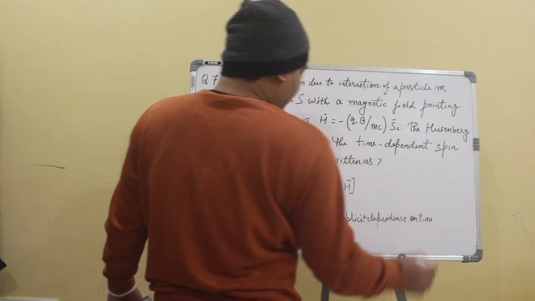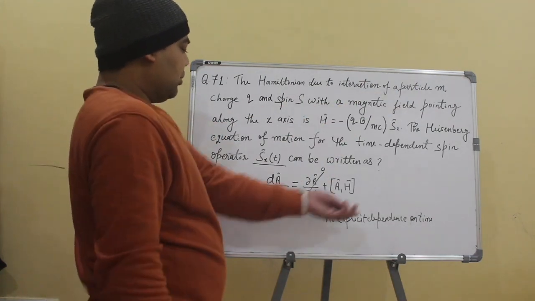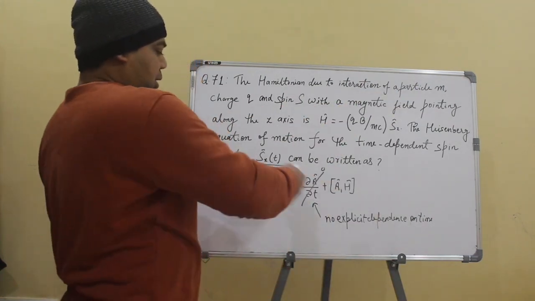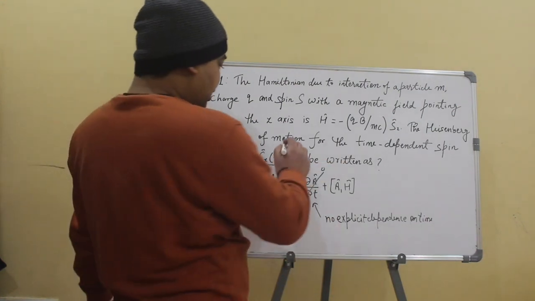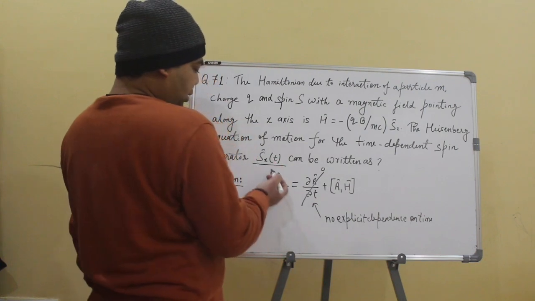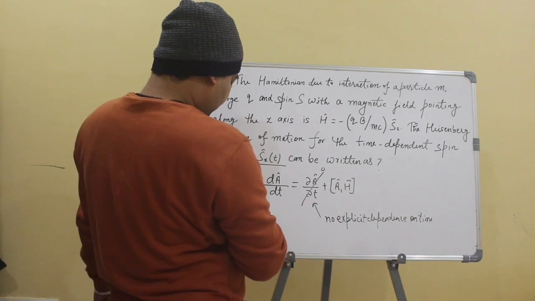Now this type of problem is very frequently asked in most of the exams, so we need to understand it thoroughly. So let us take this operator S here and try to solve it using this formula.